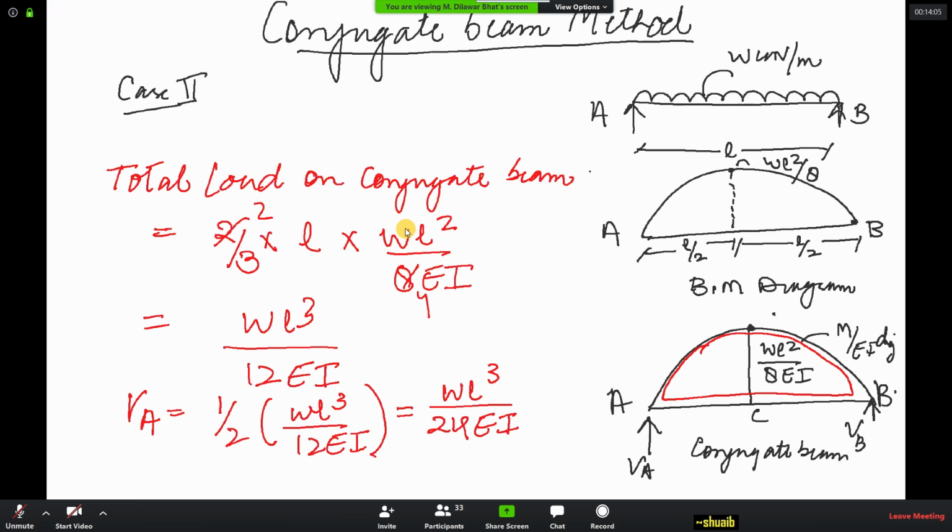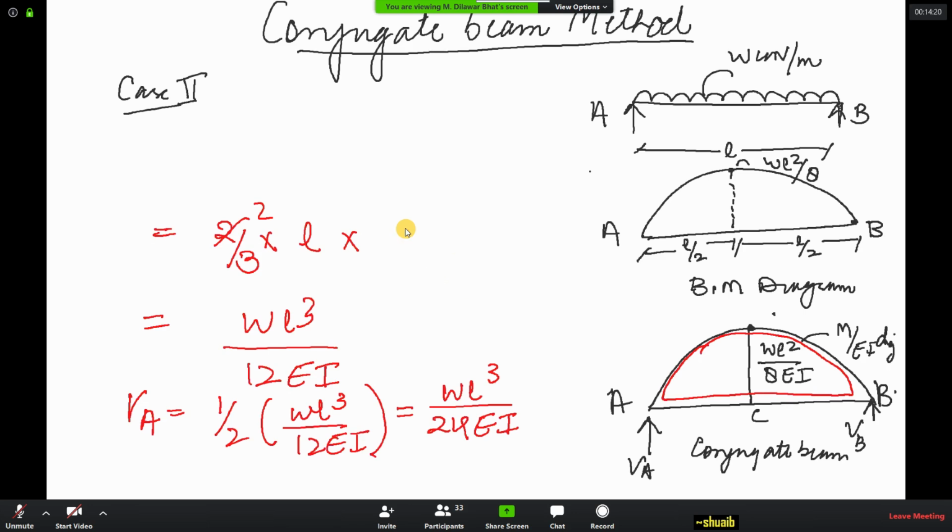Now, if you have to calculate VB, it will be similar to that of VA, that is WL cube by 24 EI.